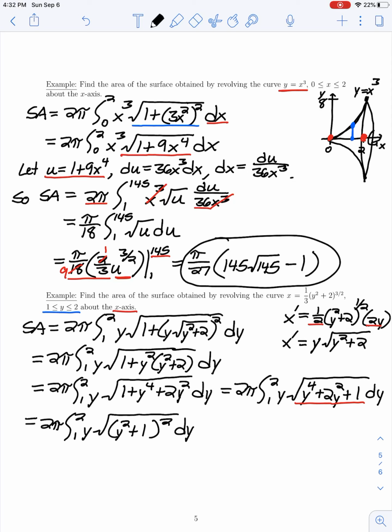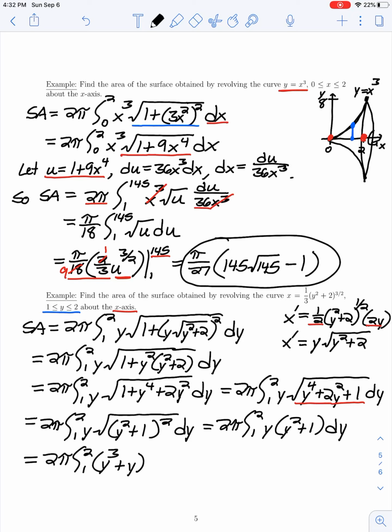So when I take the square root of that expression, I'm left with 2 pi times the integral from 1 to 2 of y times y squared plus 1 dy. Or distributing the y, I have 2 pi times the integral from 1 to 2 of y times y squared is y cubed plus y times 1 dy.